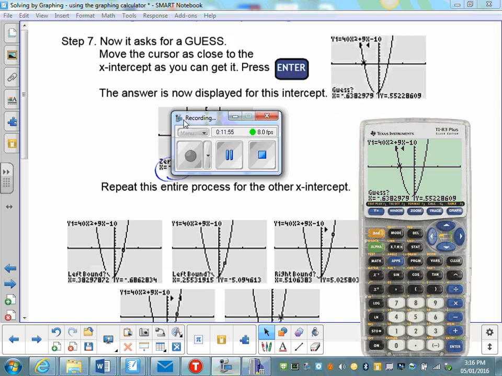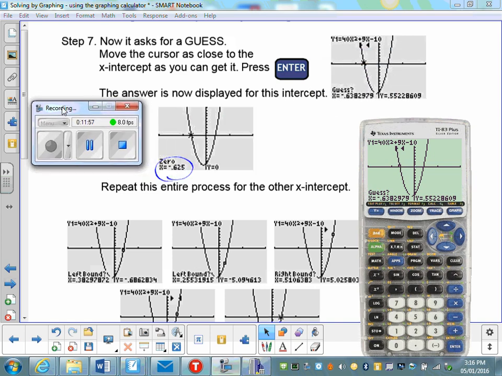So for the guess part, I move it close to the x-intercept, and now I just push enter. And what it does is it displays what that intercept is. So you can see on my calculator and on your screenshot there on your page, the first 0 there is negative 0.625.